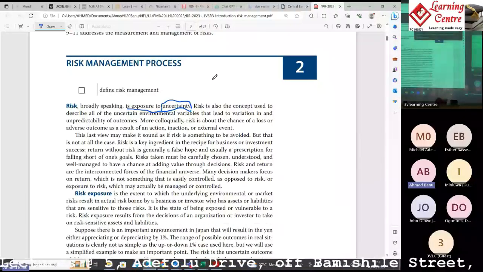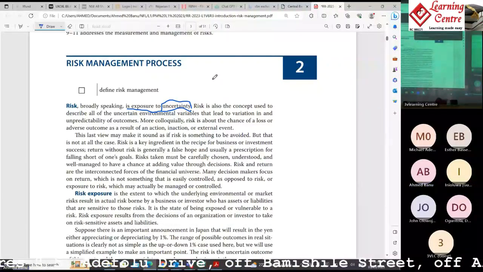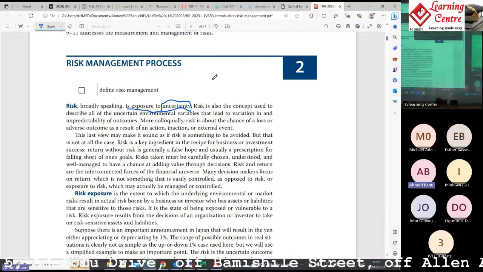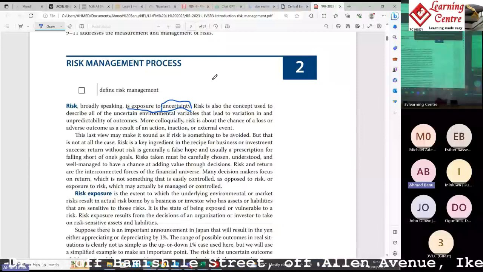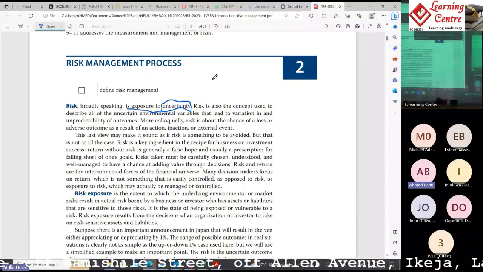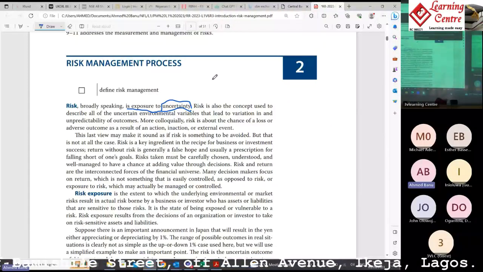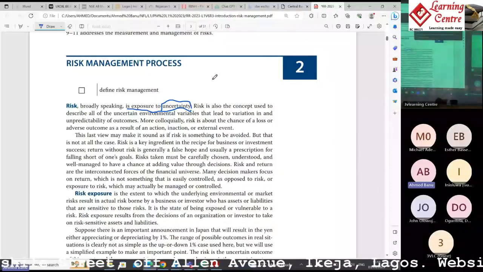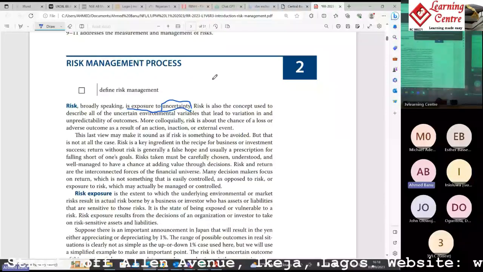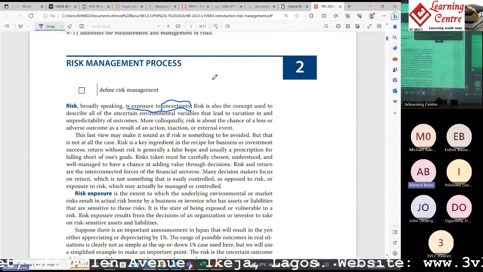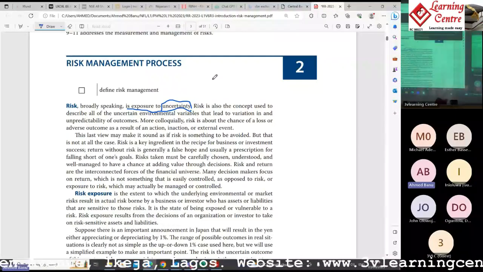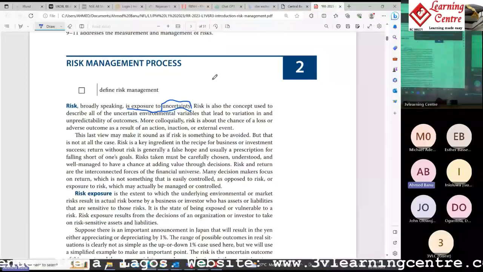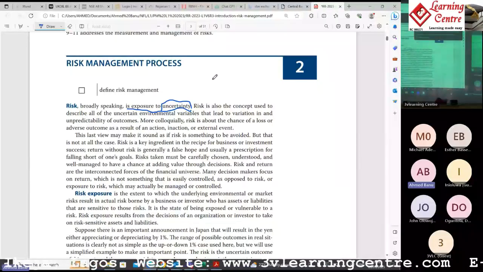So risk is also the concept used to describe all the uncertain environmental variables that lead to variations in and unpredictability of outcomes. That's what I just said now. The fact that you cannot predict your outcome, the fact that you don't know what your investment outcome will be, is already bringing in an uncertainty, and that uncertainty is risk.